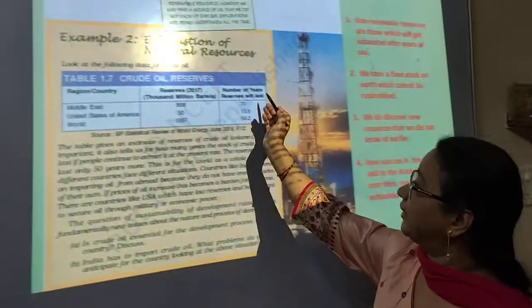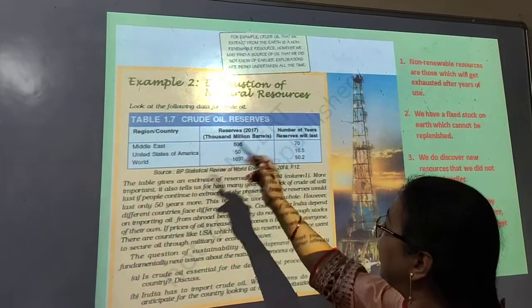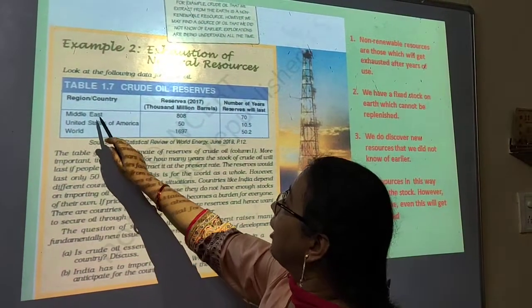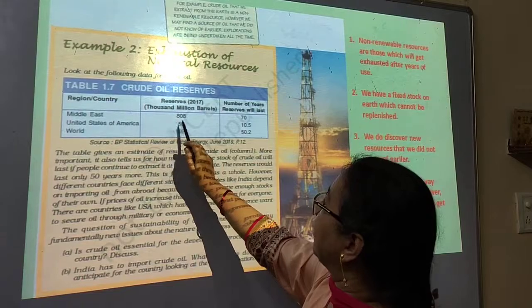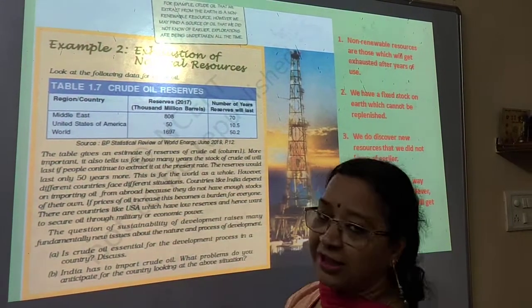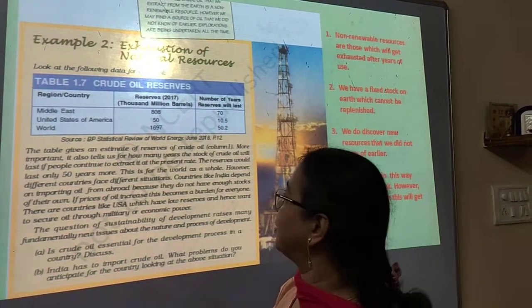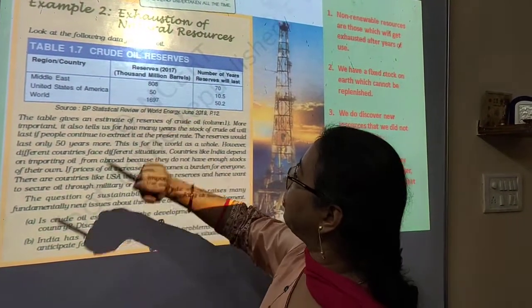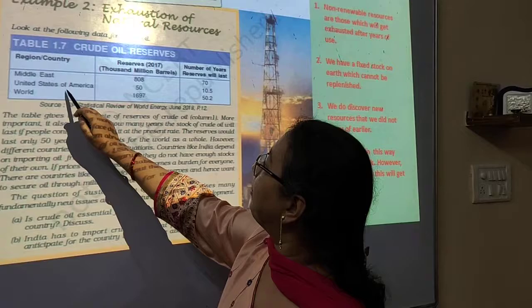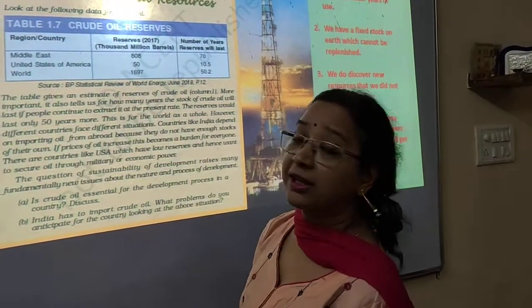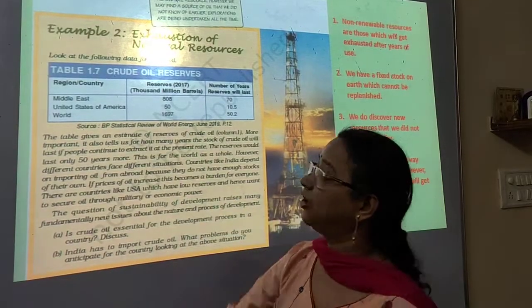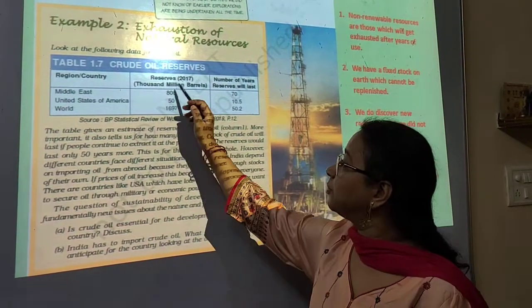Now look here, a data is given here. This data is telling about the crude oil reserves. Look here, Middle East, how much does it have? 808,000 million barrels. America has 50,000 million barrels. And if you consider the whole world, it is 1,697,000 million barrels. So this was the reserve.